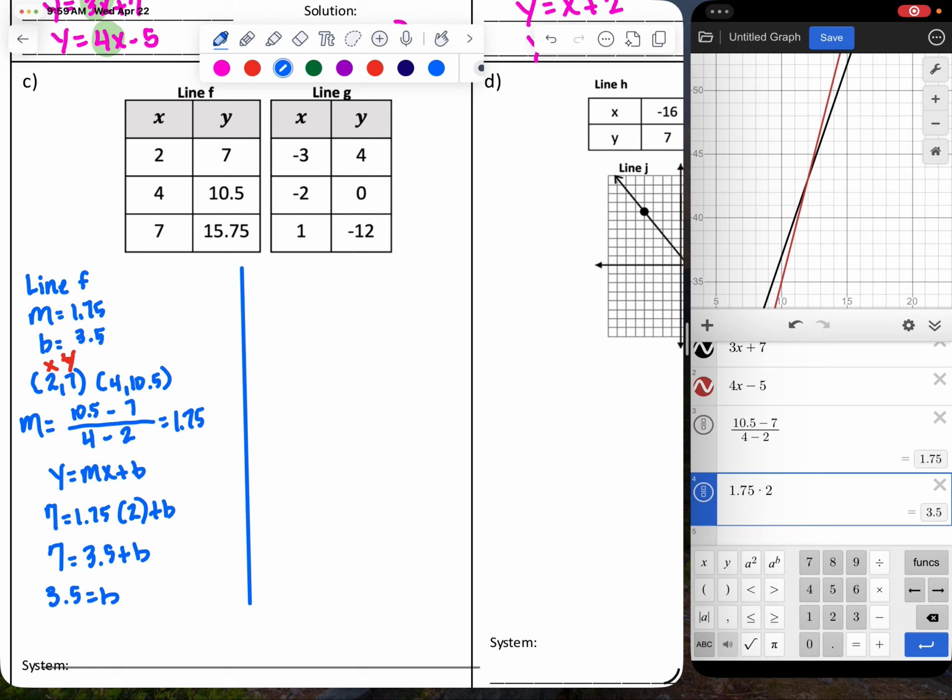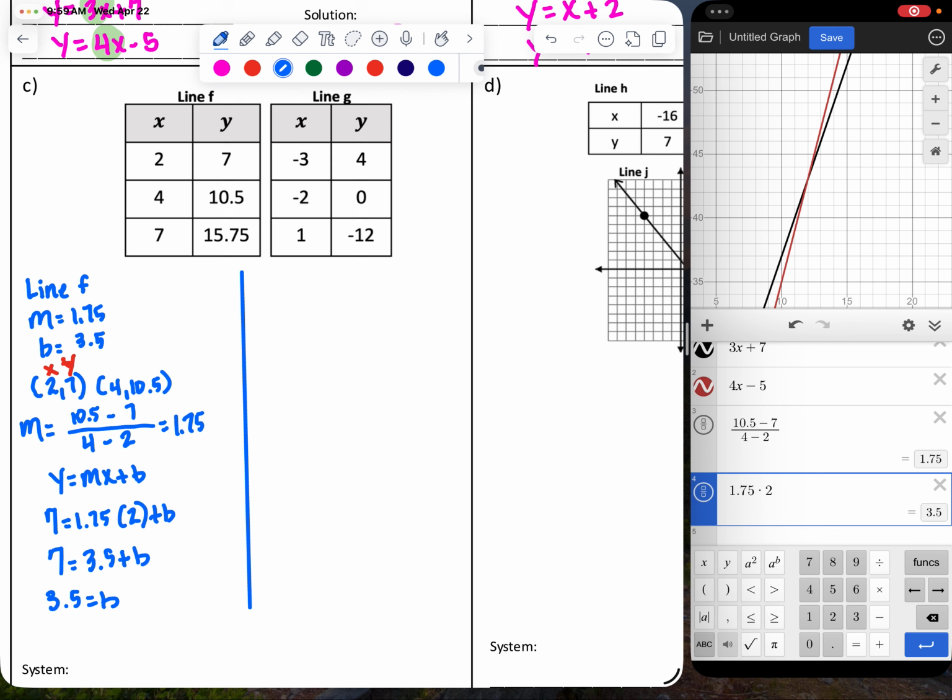Now we're going to do the same thing with line G. So we need to know the m and the b. So I'll pick two points out of the table. I'll just use the first two again. Again, it doesn't matter which two points you pick. You'll still get the same answer either way. -3, 4 and -2, 0.